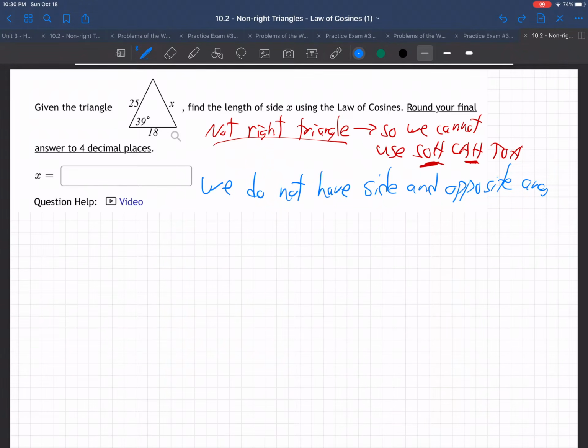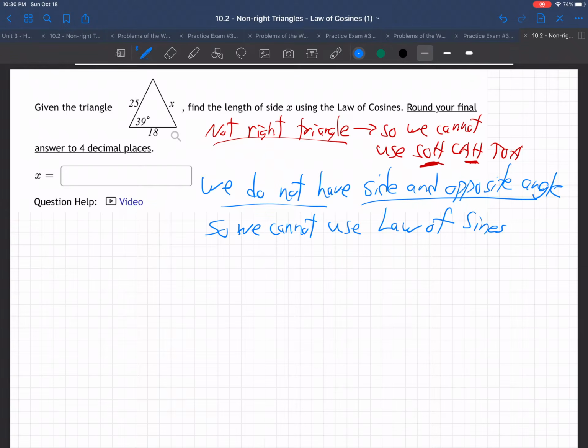We do not have a side and opposite angle, so we cannot use the law of sines, right? See how we have this angle here, but we don't know the side across from it? We're calling it x. We have this side, but we don't know the angle across. We have this side, but we don't know the angle across. So we do not have any side and the opposite angle.